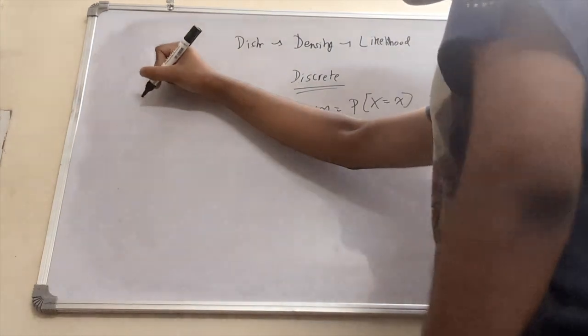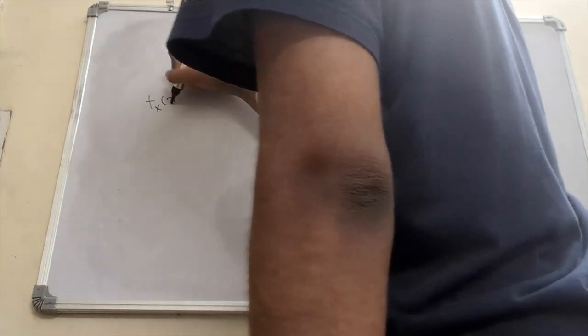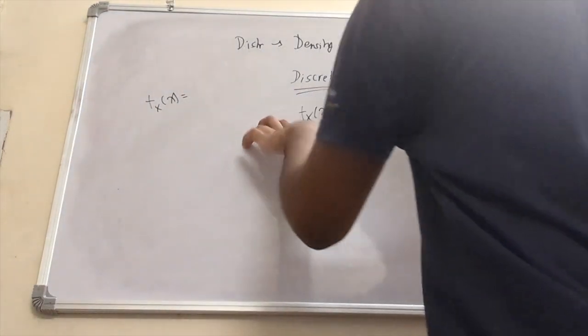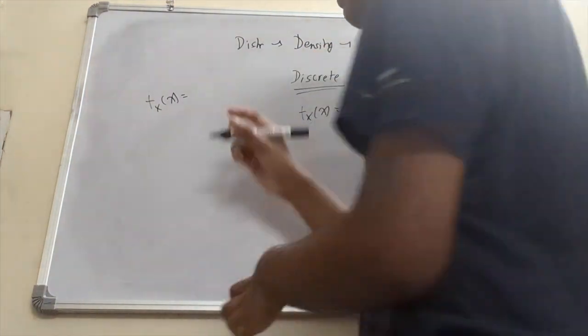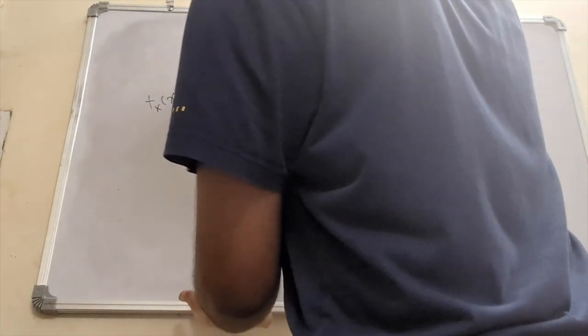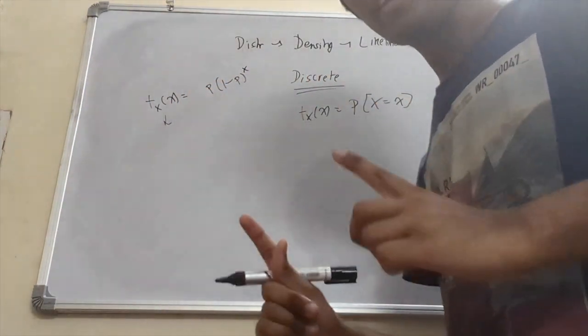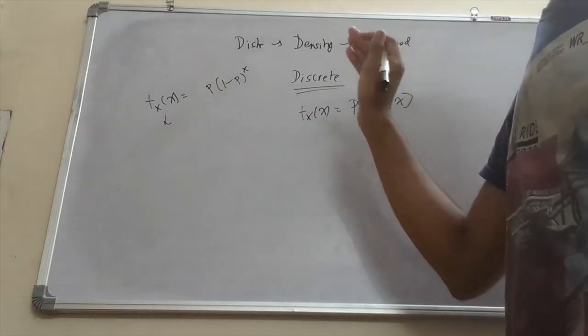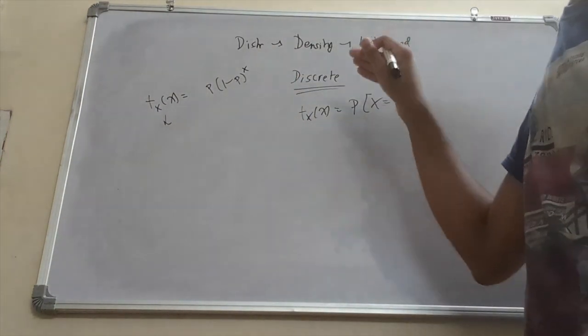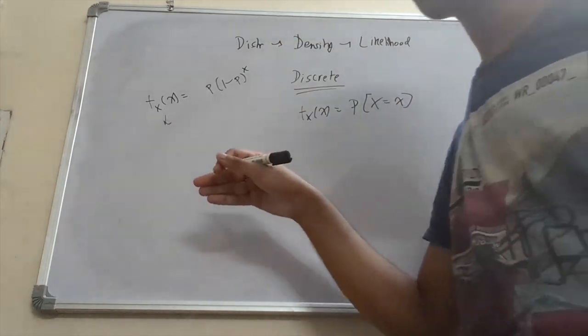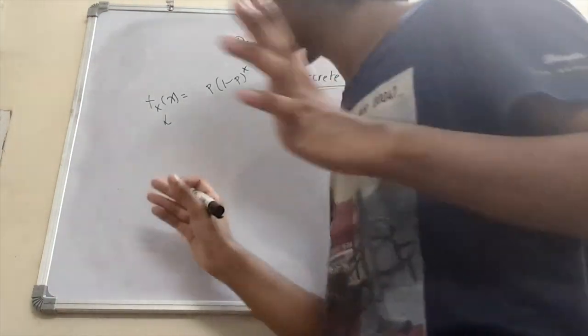I think the geometric distribution is such that the density function is basically p times (1 minus p) to the power x. Oh yes, I remember the word: support of X. The support of X is where the density function is greater than 0.